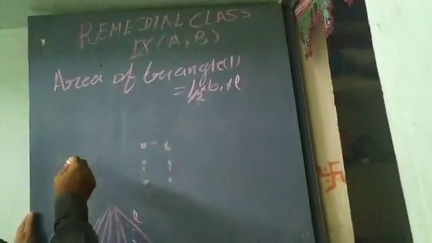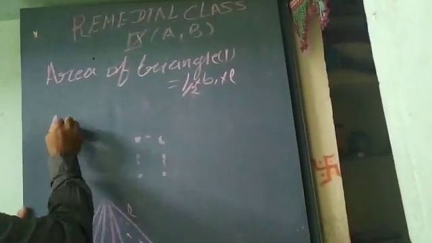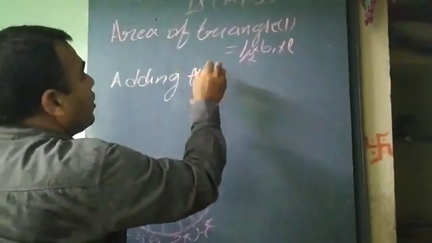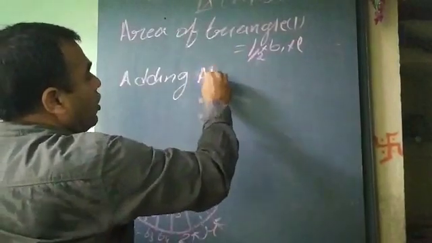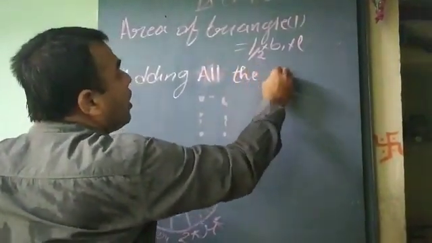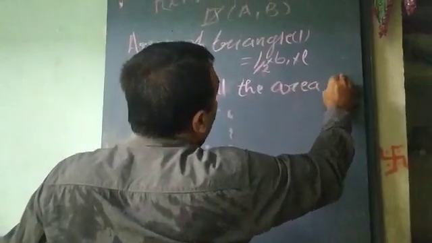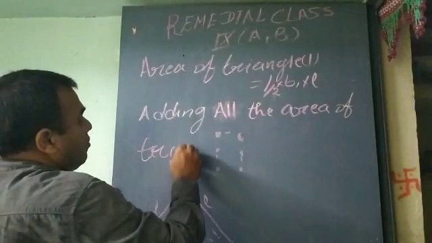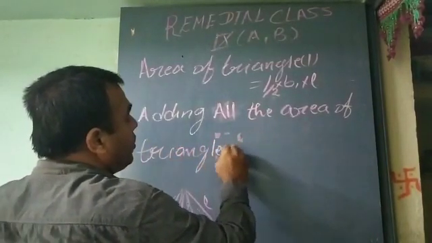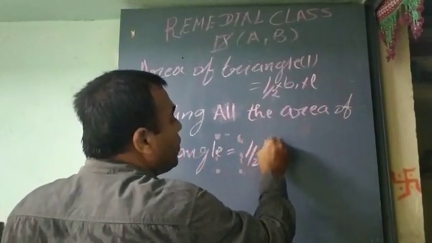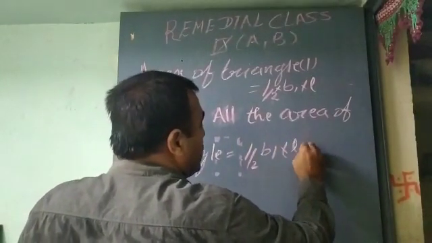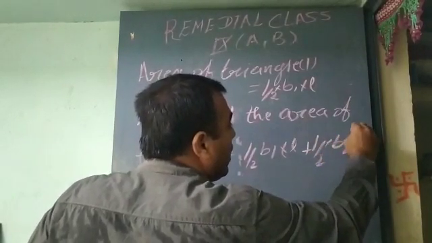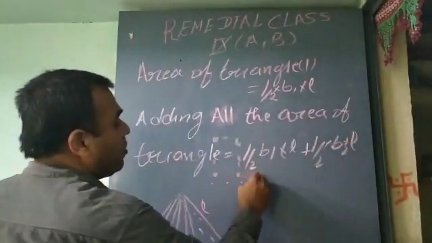So adding all the areas of the triangles, it will be 1 by 2 B1 into L, plus 1 by 2 B2 into L, and so on for a large number.